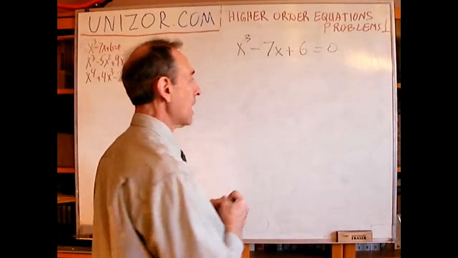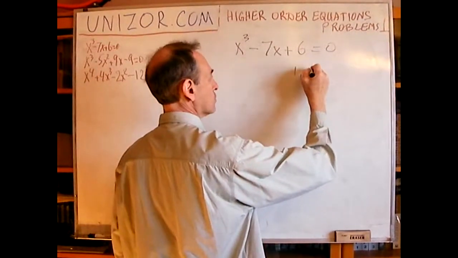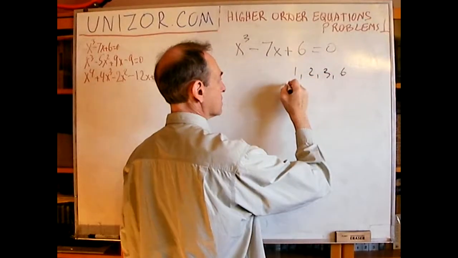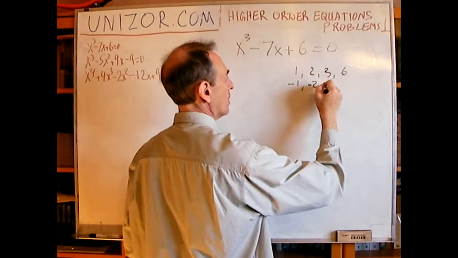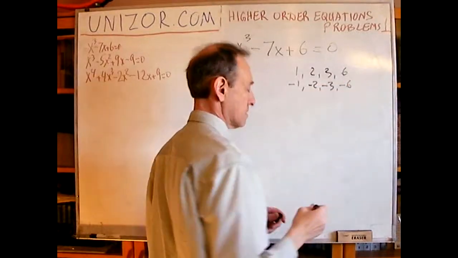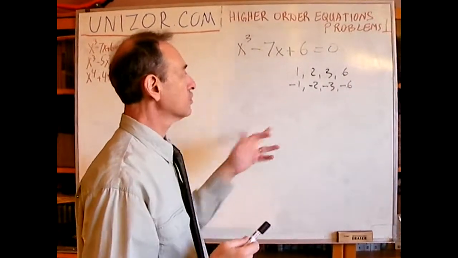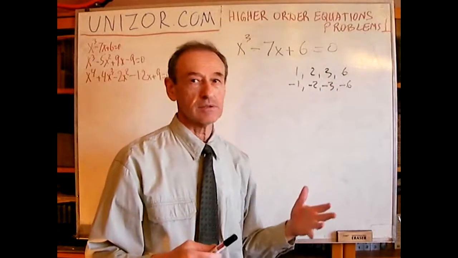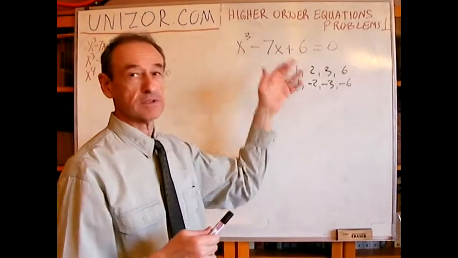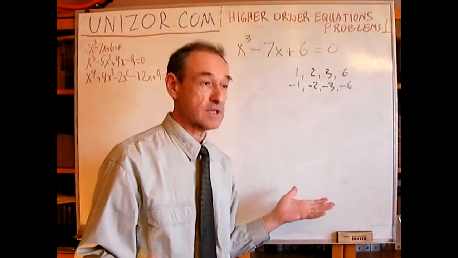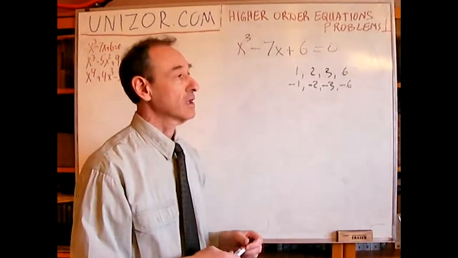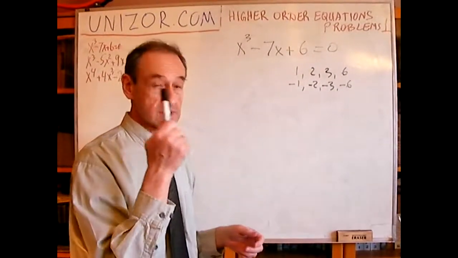So 6 has 1, 2, 3, 6, minus 1, minus 2, minus 3, and minus 6 as candidates. If we check all these 8, some of them will fit, and we will find the 3 solutions, and then we can stop.